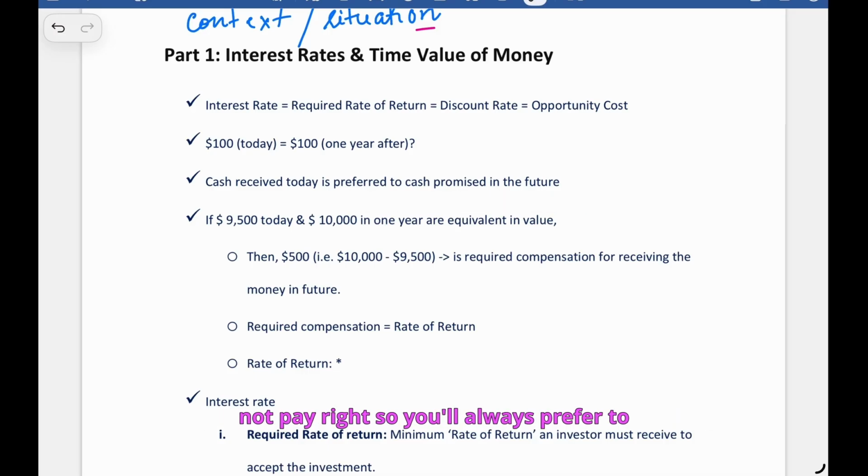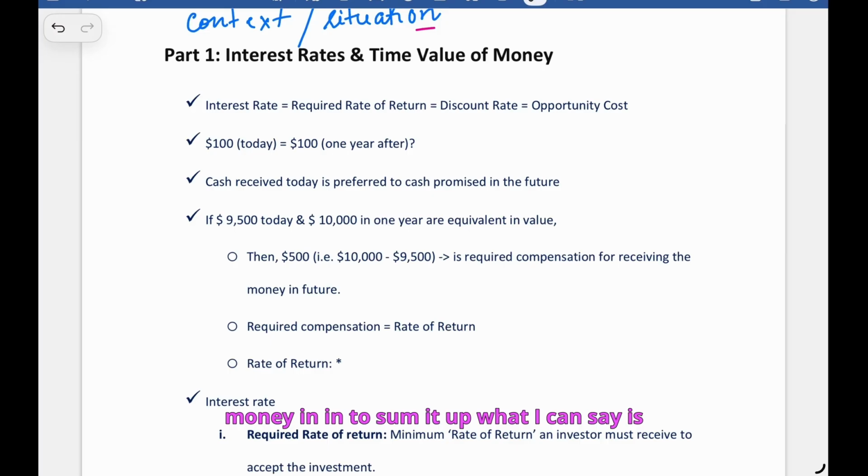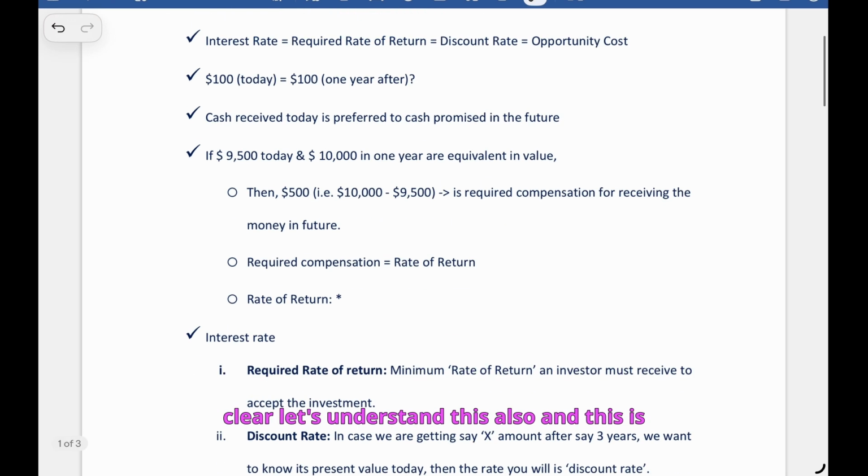So you'll always prefer to receive the cash today. To sum it up, $100 today is not going to be equal to $100 a year after, or even 2 years after, or 3 years after. The value of that same 100 is going to change over time. I hope till this topic it is pretty much clear.